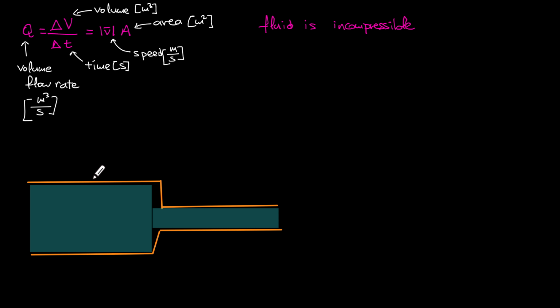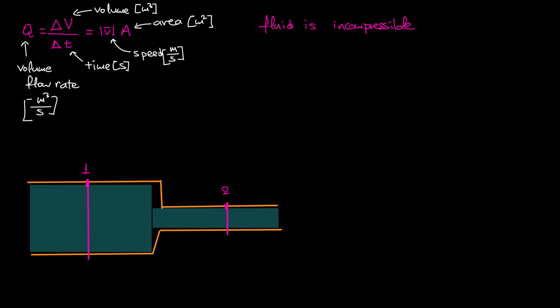If I make this assumption, then if I call this point 1, location 1, and I call this location 2, because the fluid is incompressible, the amount of fluid that goes through the cross-sectional area here at 1 should be the same as the amount of fluid that goes through that part.